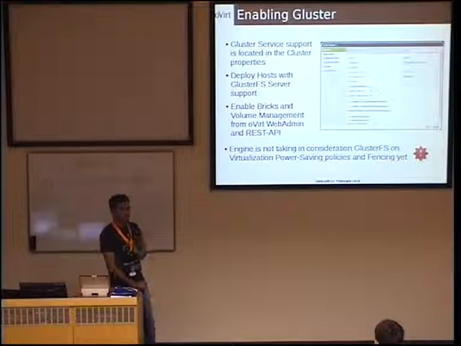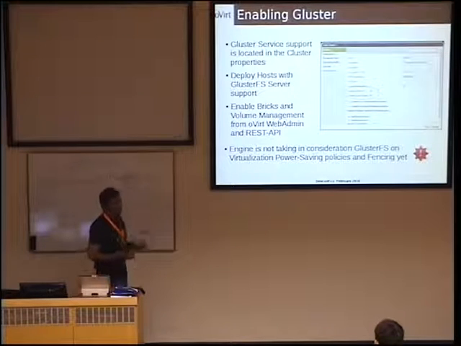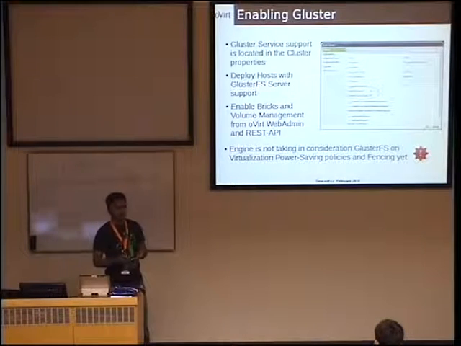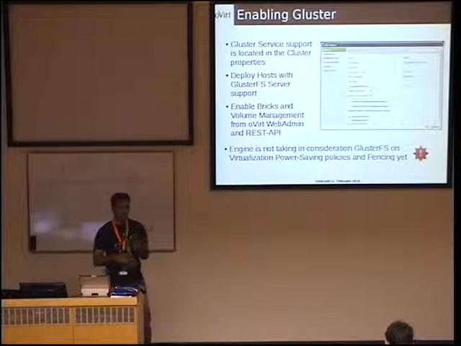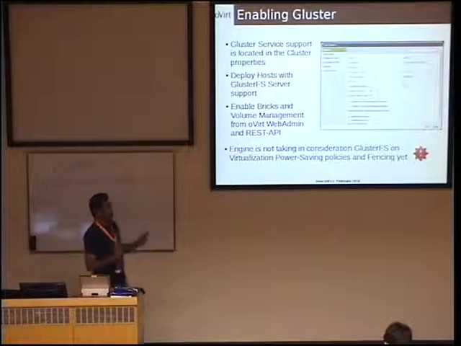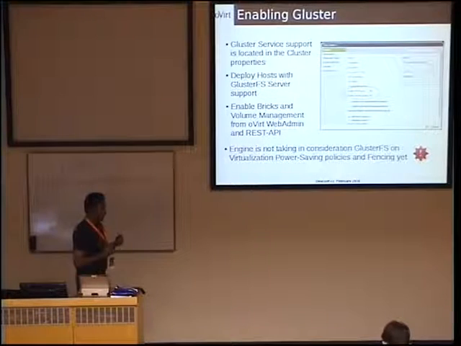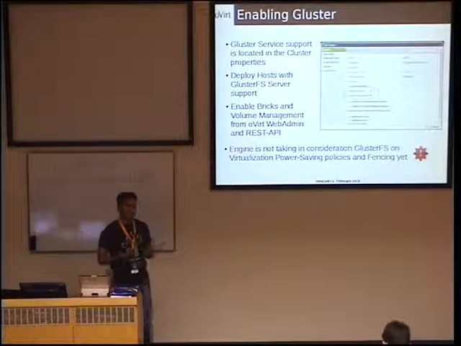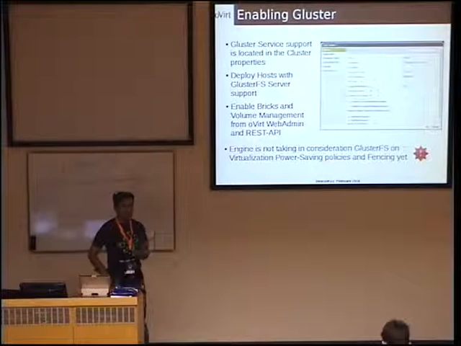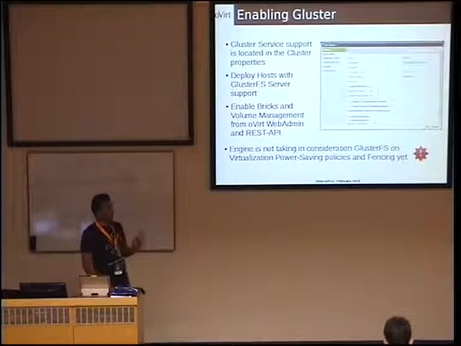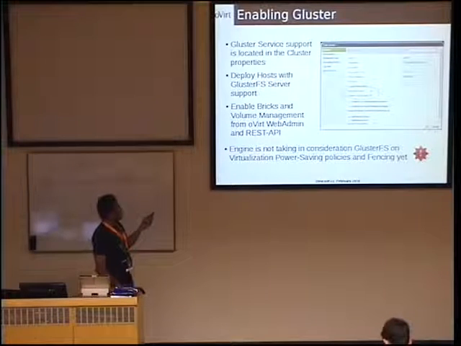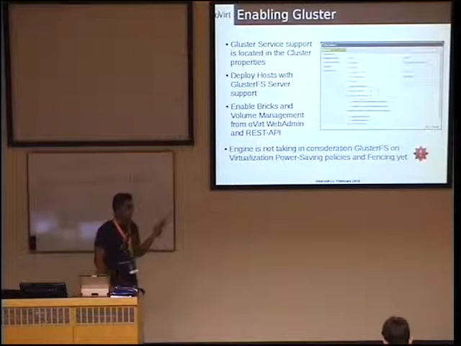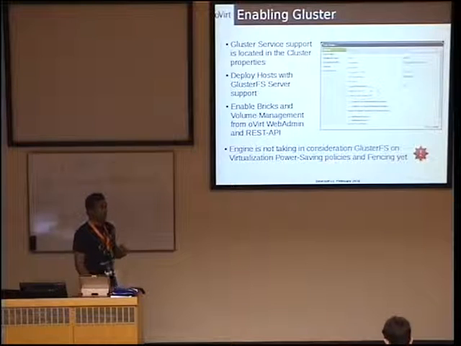If you enable Gluster service, then it automatically takes care of bootstrapping your Gluster host, like managing your firewall, managing your Gluster service. It also supports volume management. You can create your volumes, you can start, stop, or you can add bricks, rebalance. It supports almost all the Gluster operations. And you can use the same REST API which is exposed by oVirt to do all your volume operations.